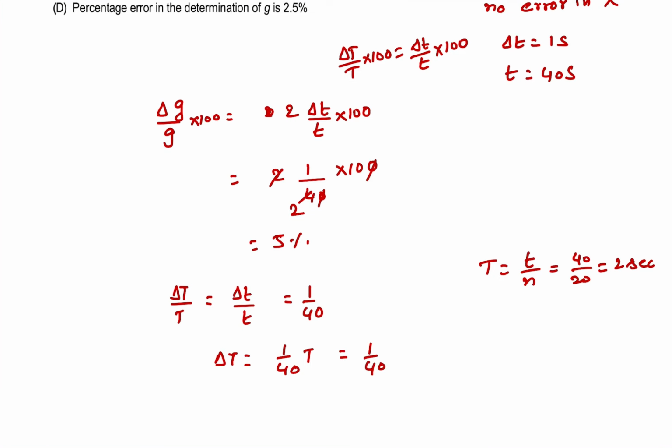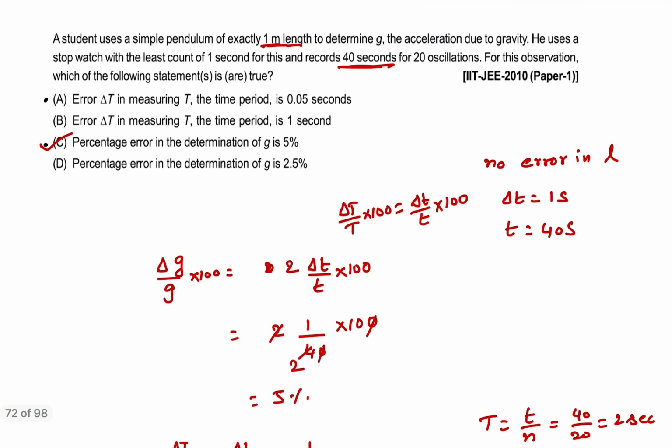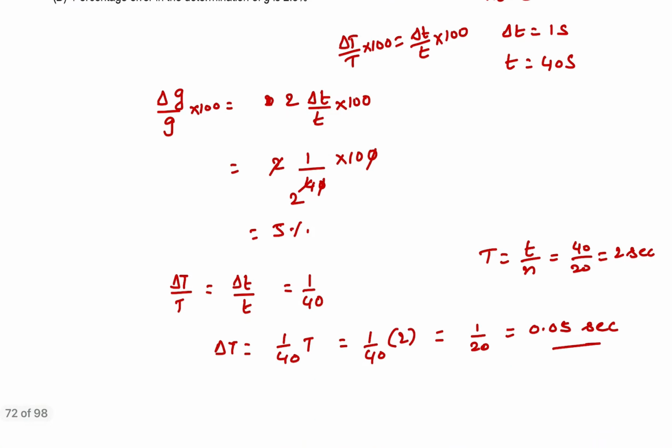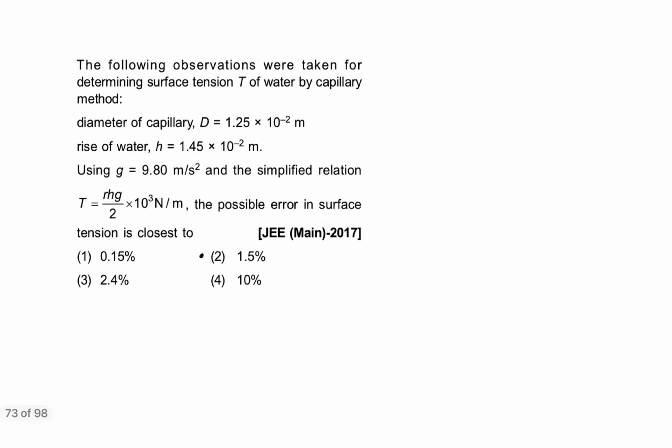Time is 40 seconds and there are 20 oscillations, so 40 divided by 20 gives 2 seconds as the time period. Substituting 1 by 40 into 2 seconds, you get 1 divided by 20, the value is 0.05 seconds. This is my delta T, the error in time period. So the first option is the correct option.